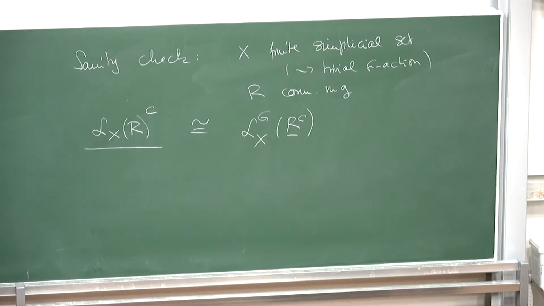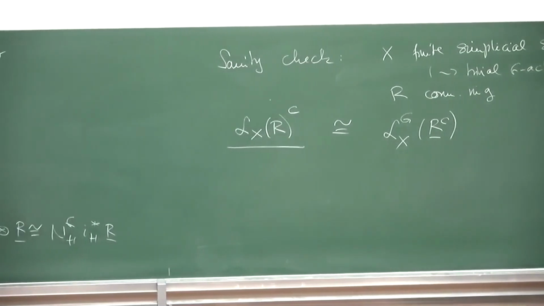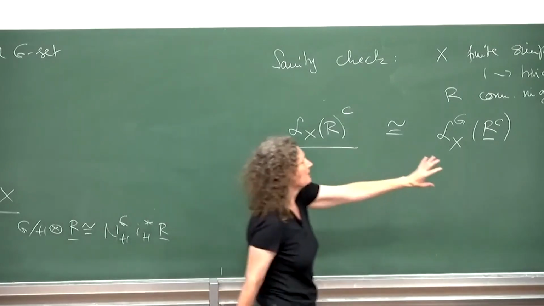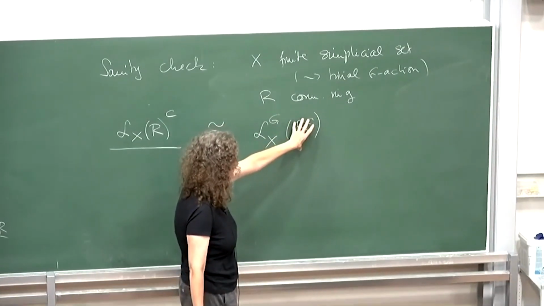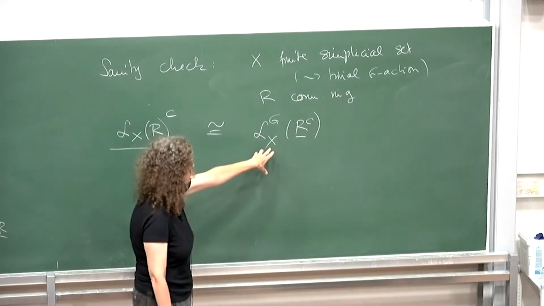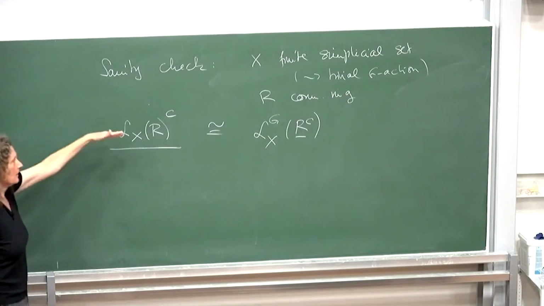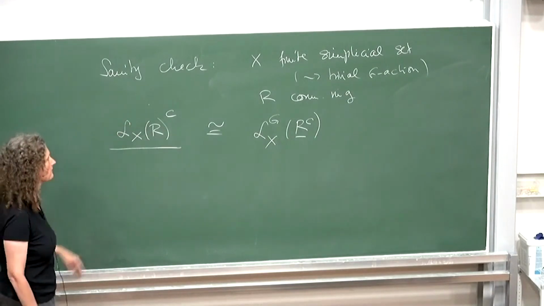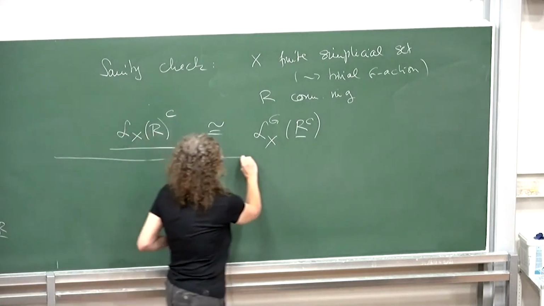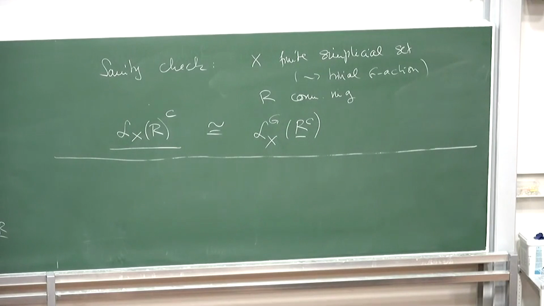Except for the fact that this might be hard to parse: this is just the new equivariant Loday construction on the trivial Tambara functor, where X has the trivial G action, and you just get the constant simplicial Tambara functor on these things. So that was good. Nothing bad happened.